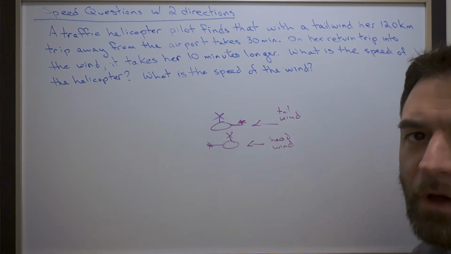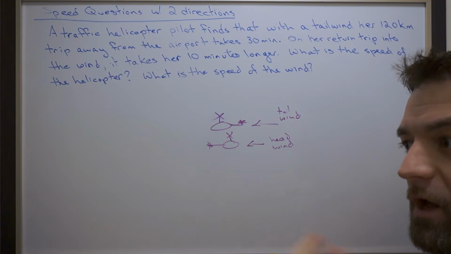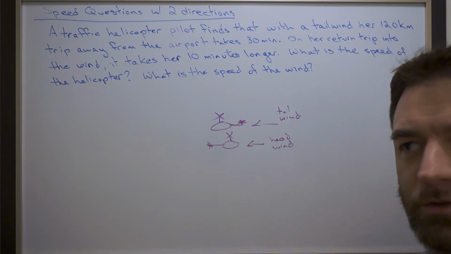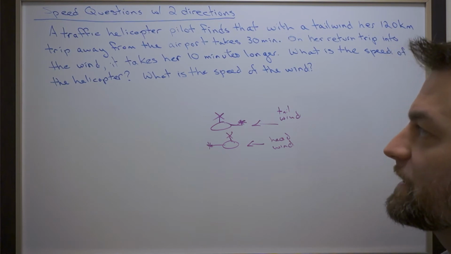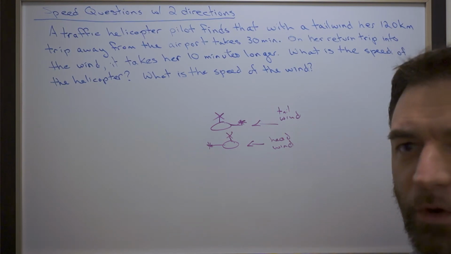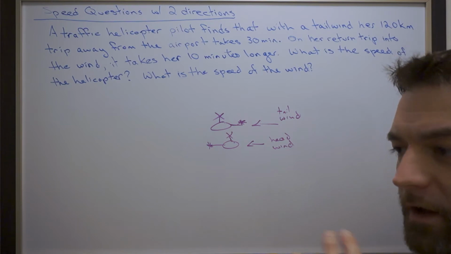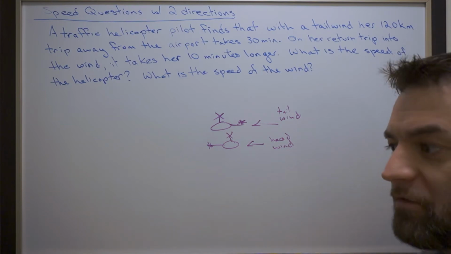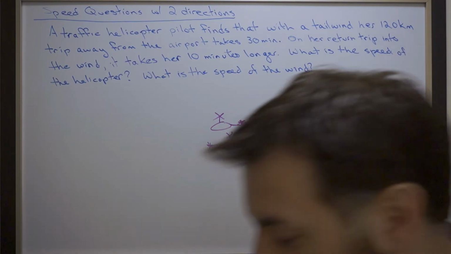And this is the same for airplanes. You may also encounter the situation where someone is going upstream and downstream, so against the current and with the current. Same kind of setup for questions like that. So when we have a situation where someone's speed is affected by either wind or the current of water as they're moving, then you're going to have a setup similar to what we have here.